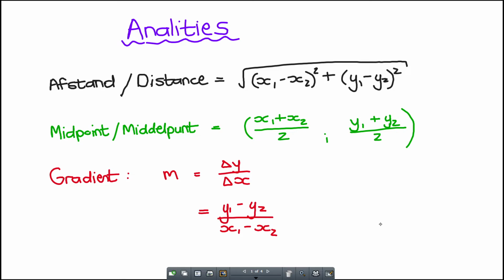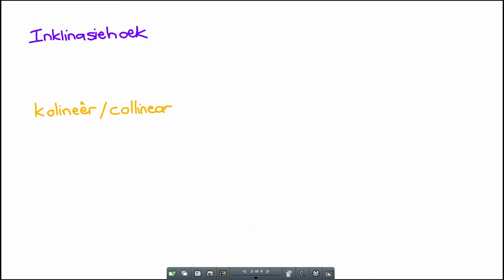Okay, right now, the next thing that I talk about there is the inclination angle. Nou daar sê ek vir jou die inklinasiehoek, dis die hoek wat 'n lyn met die positiewe x-as maak. So, if that is my x-axis, and y-axis, and I give you, let's make it easy, this line.